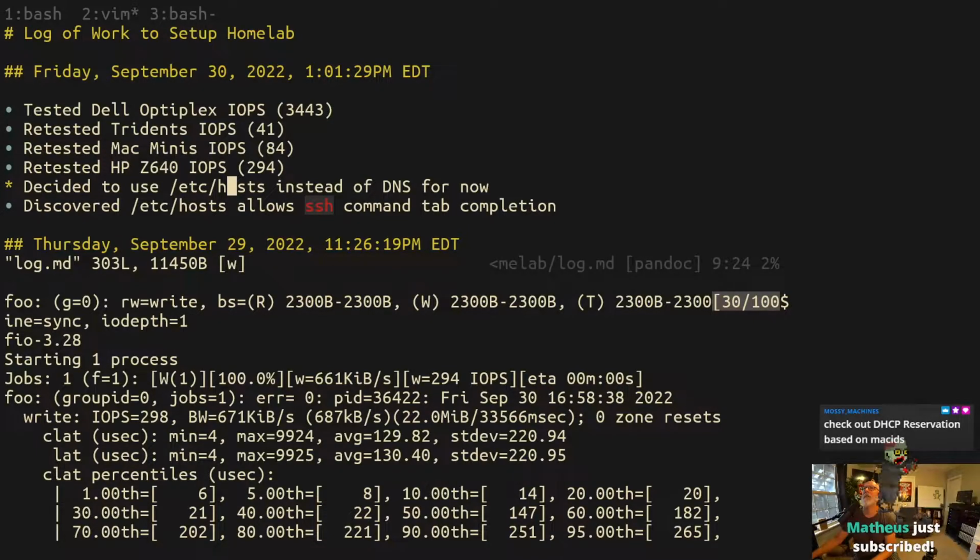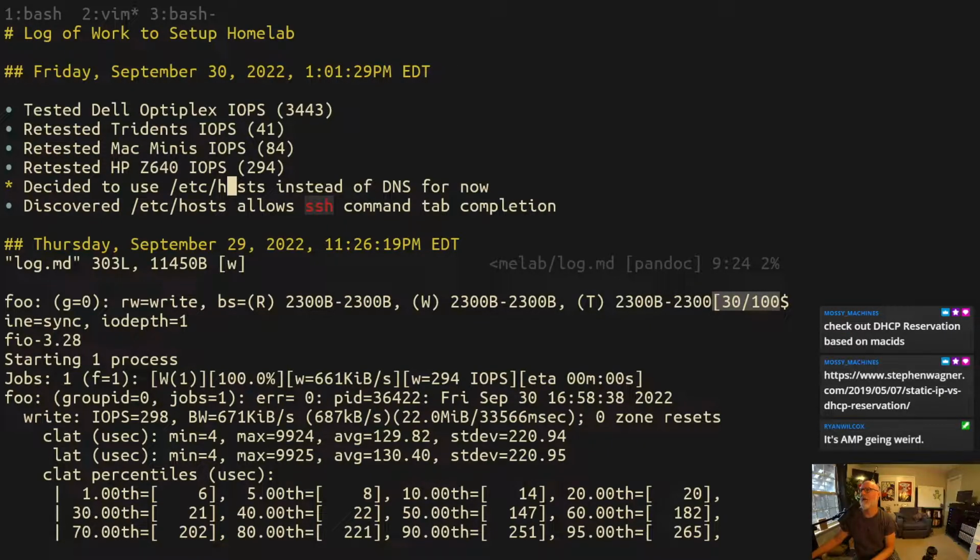It redirects to a JPEG. I do not know why. Copy link address, paste. Nope, keeps redirecting to a JPEG. Yeah, there we go.